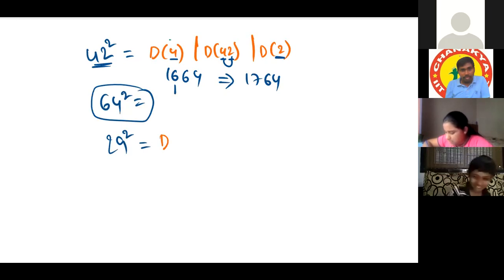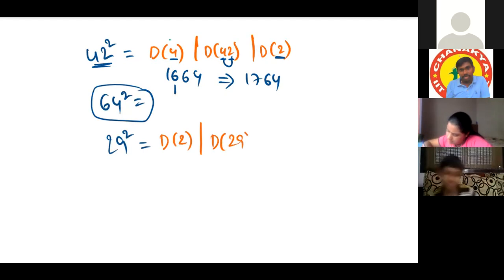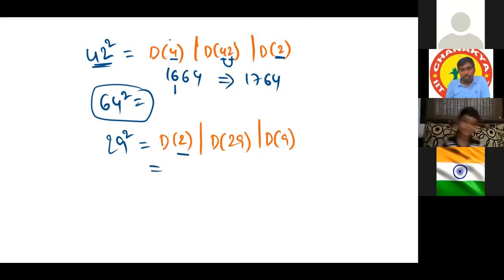Duplex of 2, then duplex of 29, and then duplex of 9. 2 square is 4. Duplex of 29: 2 times 9 is 18, and 18 doubled is 36. We write it this way: 3 here, 6 here, balancing.